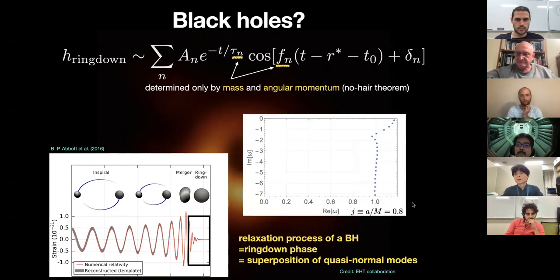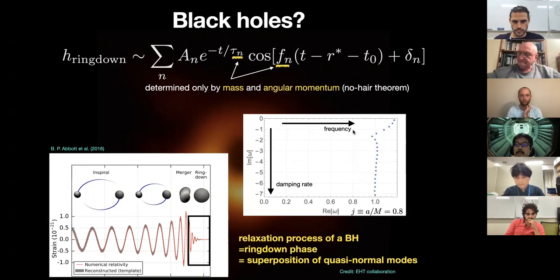As I said, there are an infinite number of quasinormal modes like this. For example, if you look at the quasinormal frequencies for the spin parameter of 0.8, here the horizontal axis is the real part and the vertical axis is the imaginary part of the quasinormal modes.